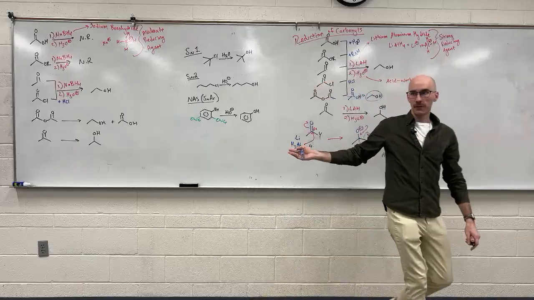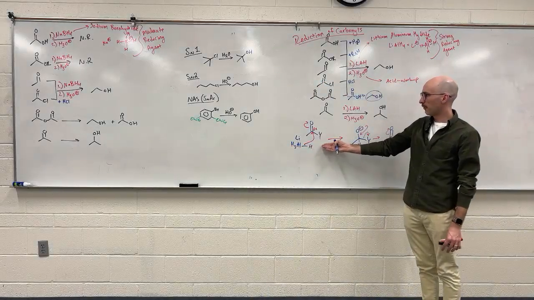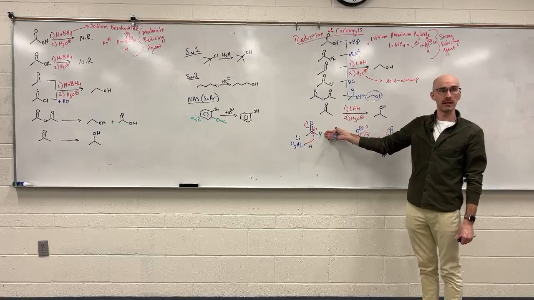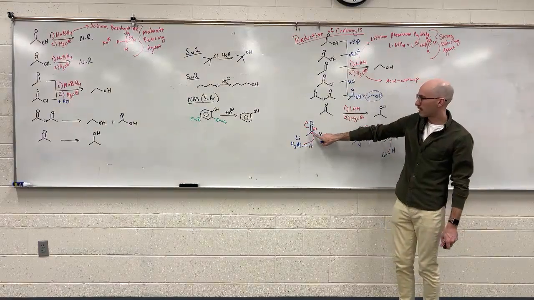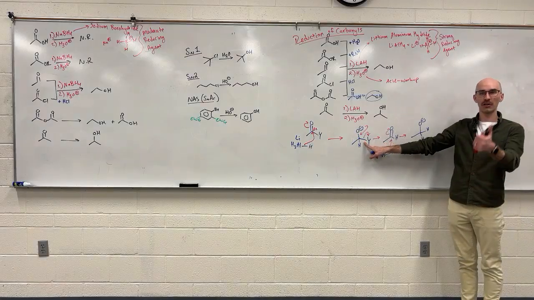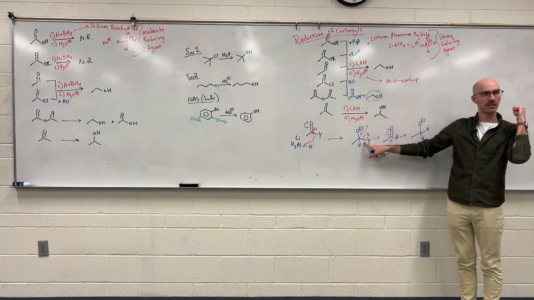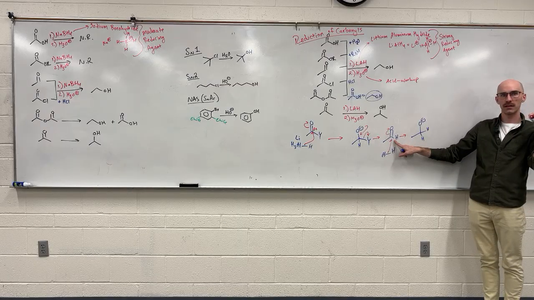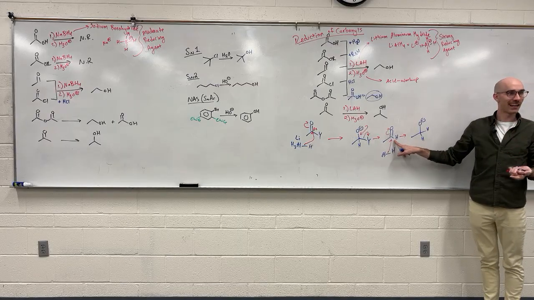Actually, if you recall this example, let's say that Y is chlorine. When the acid chloride gets reduced, it forms this intermediate where chlorine wants to get kicked off. When chlorine gets kicked off and a carbonyl reforms, that's just an aldehyde.